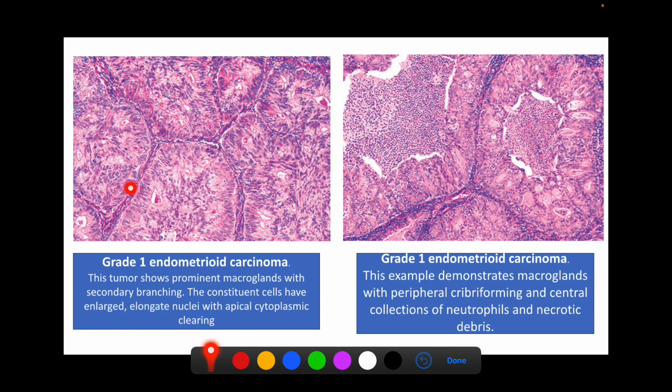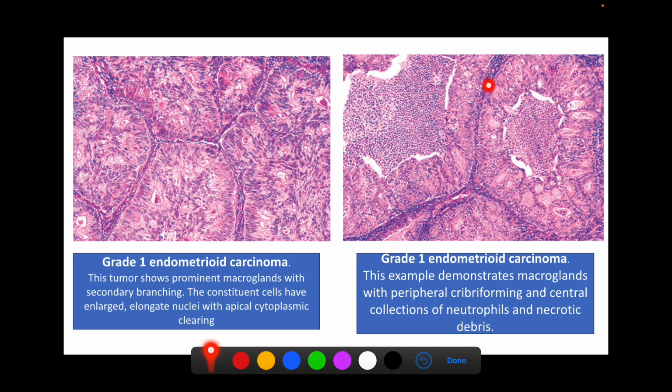Again grade 1. This is macro gland formation here, and this is the lumen of the gland, and we can see here there is apical clearing. So the nuclei are basally located and apical clearing is present, with elongated nucleoli.